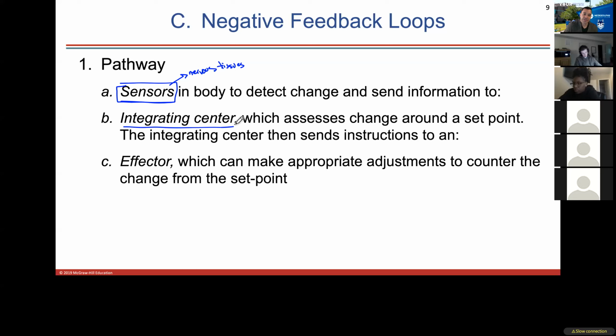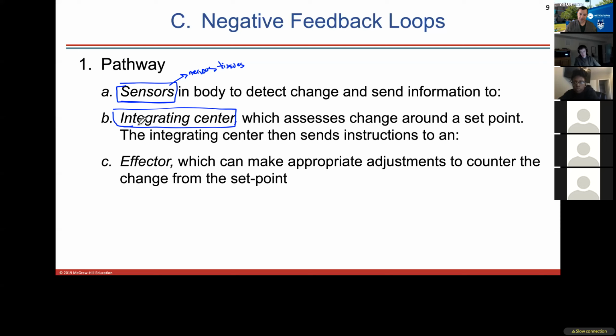Okay, that's the third piece. Integrating centers are the brain. Okay, respiratory centers within the pons, medulla oblongata. Okay, various different regions within the diencephalon, the hypothalamus and whatnot.